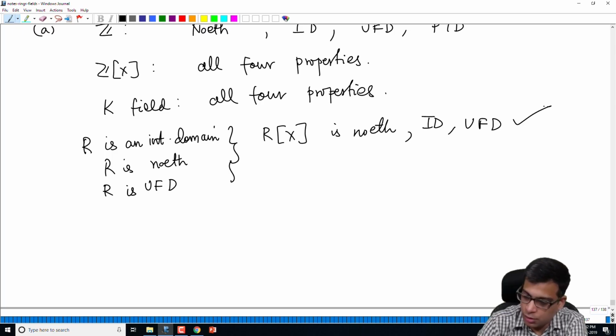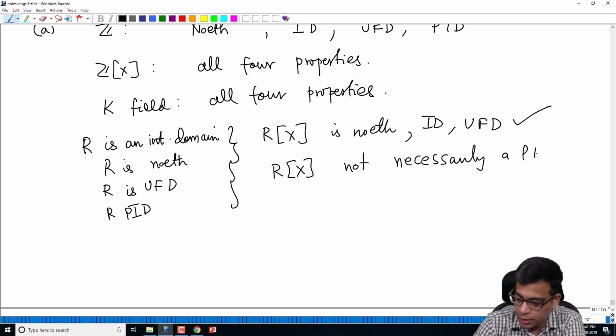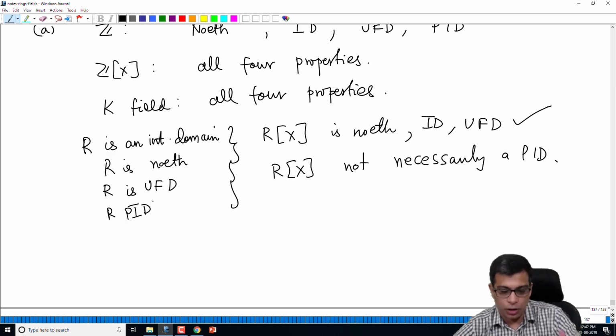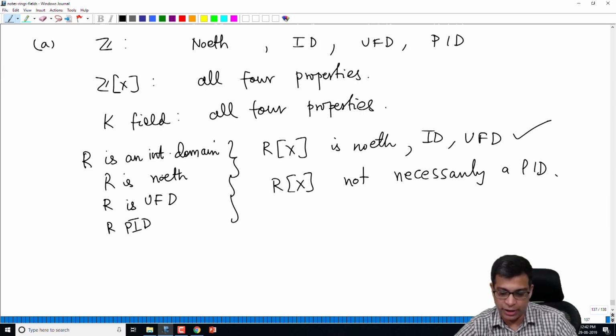But if R is a PID, R[x] is not necessarily a PID, right? So take R which has all the four properties that we are interested in: Noetherian, integral domain, UFD, PID.